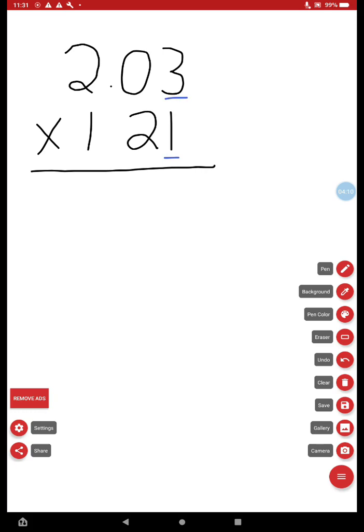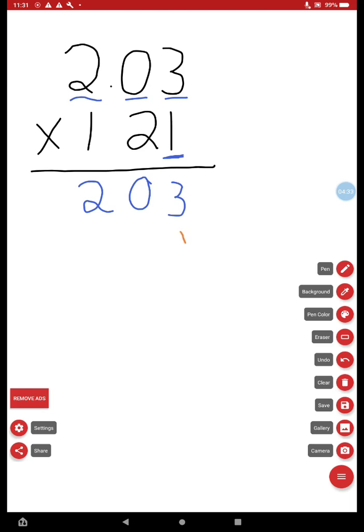1 times 3 is 3. 1 times 0 is 0. 1 times 2 is 2. Now I'm done with the ones column. I'm going to go over to the tens column.